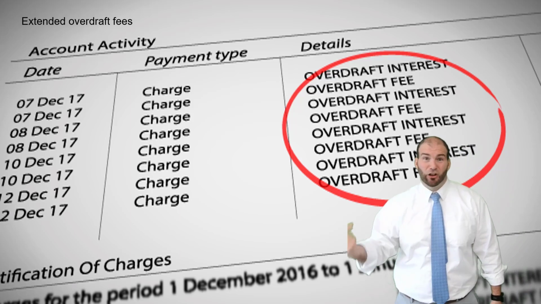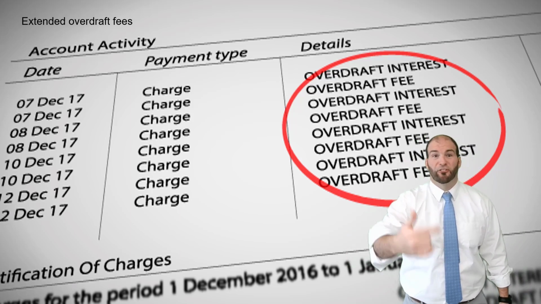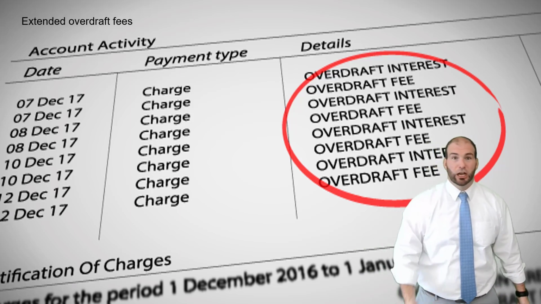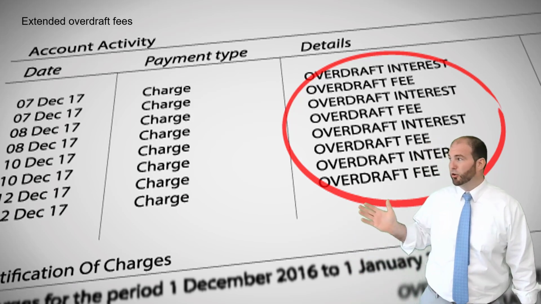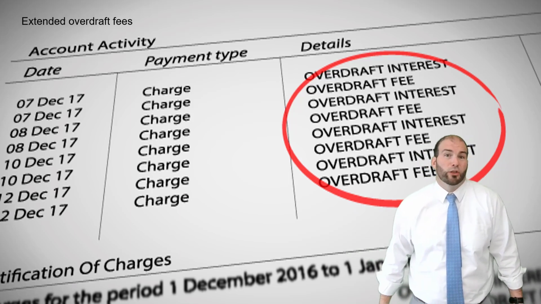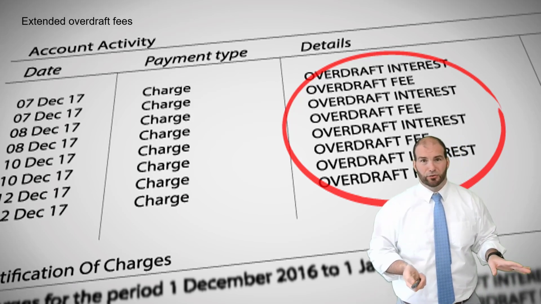That is extended overdraft fees, where they continuously charge you a fee for being under $0. And so the next time you check, you thought you had $17, you thought you had the money to buy whatever it was, but it was $20. You check a few days later and you owe them $160. That is extended overdraft fees.